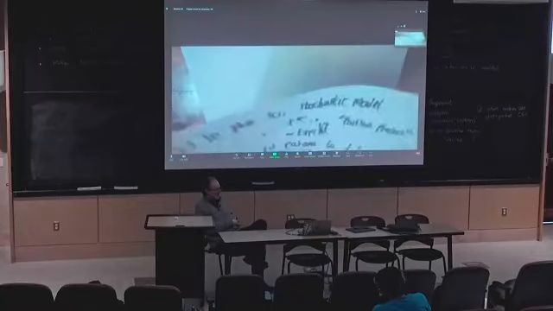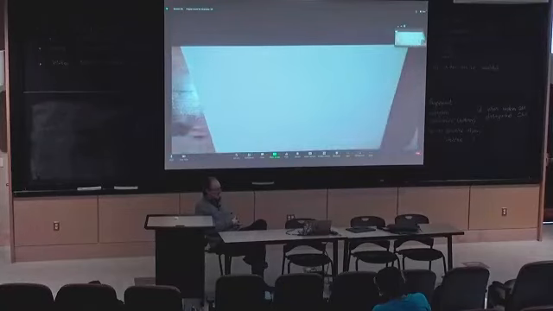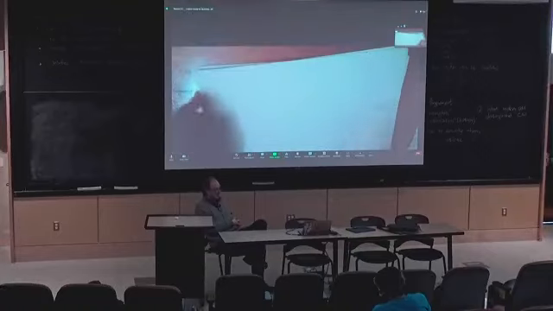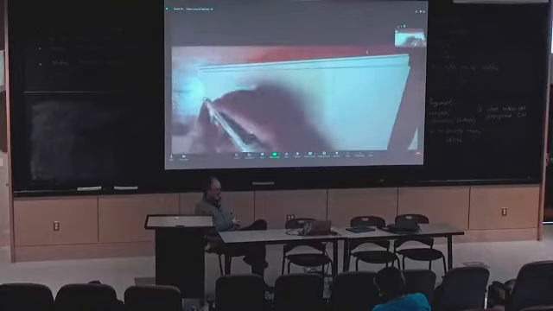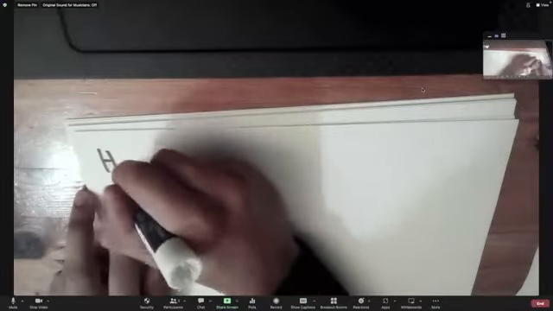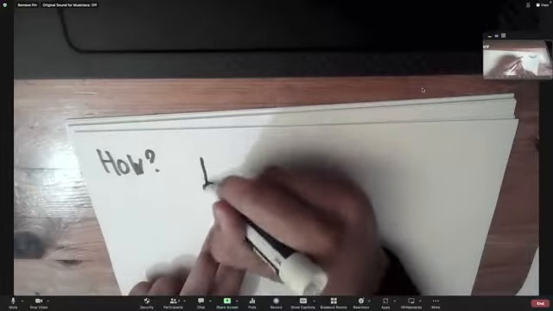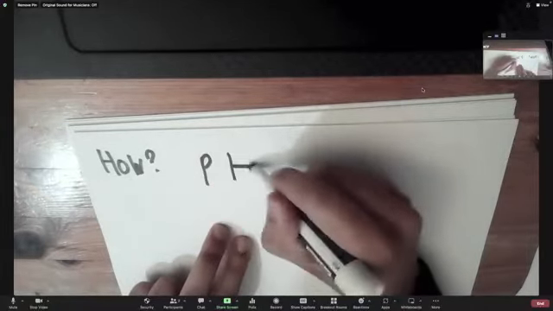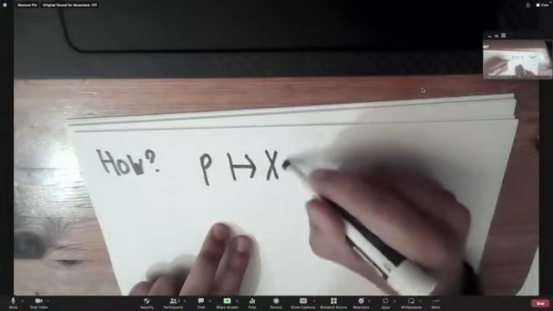Okay, so that is the why we want to do this. And now the question is how? What notion of derivative should we come up with to let us do this? Once again, the functions we're interested in look like this: p maps to x of p.